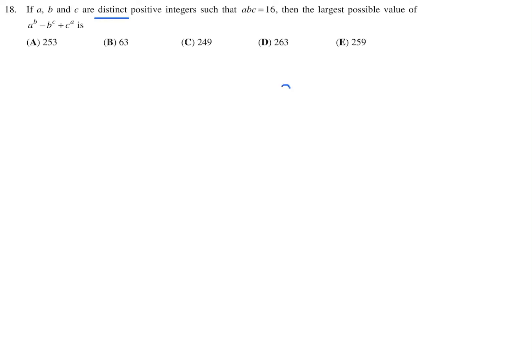Okay, so ABC is equal to 16. If we factor 16, we get 2 times 2 times 2 times 2 times 1. Prime factorization. And we want ABC, we want it in this form, 3 integers. So how do I get 3 different integers?